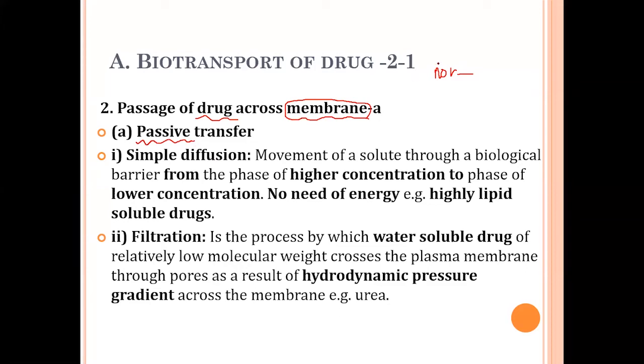When we talk about the passive way, the material can directly pass through. It does not need energy. The energy inside the body that we can directly use is ATP. But this kind of way of passing through does not need to use ATP.